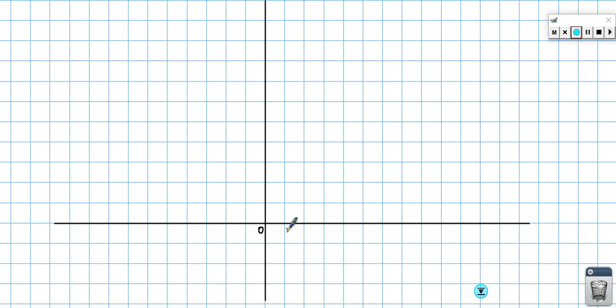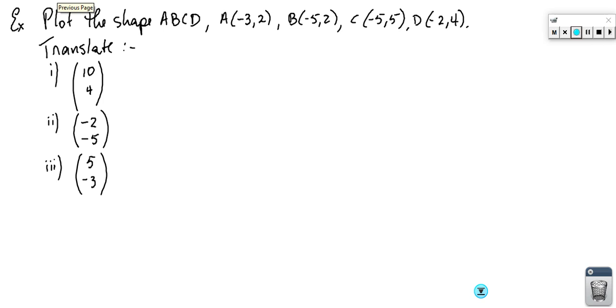So our shape had those coordinates, minus 3, 2, minus 5, 2.